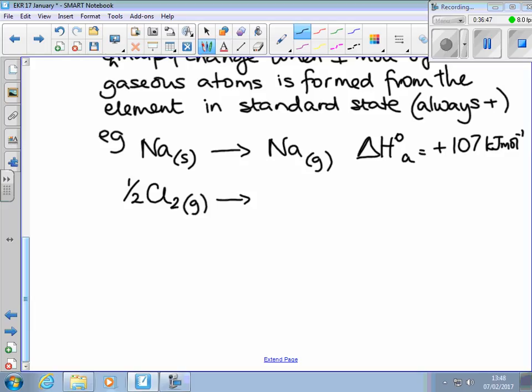What we're going to get here is our chlorine just as a gaseous atom, and our enthalpy of atomization for that is 122 kilojoules per mole. So these are not huge values for atomizing those, but there's an awful lot of other things to add into the whole picture.